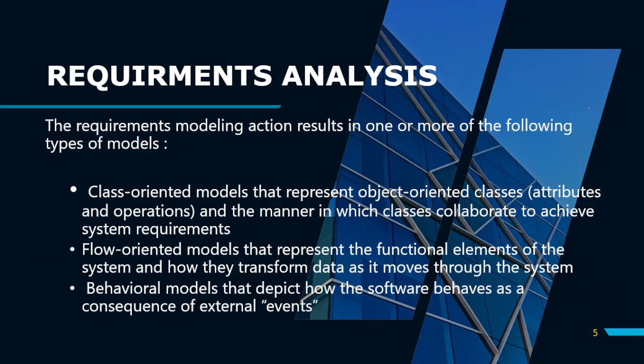Then we have class oriented models, that means viewing the system from an object oriented perspective: what the classes, attributes and operations are and how they collaborate with each other. And then flow oriented models: how data flows, which function triggers which action, how data moves through the system.